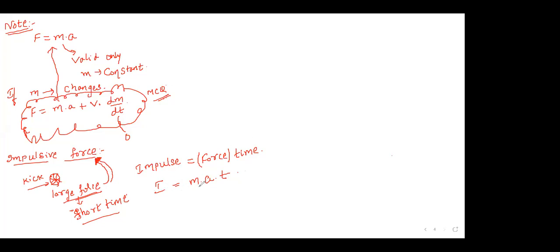So impulse is equal to mass into acceleration into time. So I is equal to m into, you know that the acceleration is change in velocity by time, into the time. So this t and t will get cancelled out. So impulse is equal to m into v minus u. If I multiply m inside, it will be mv minus mu.